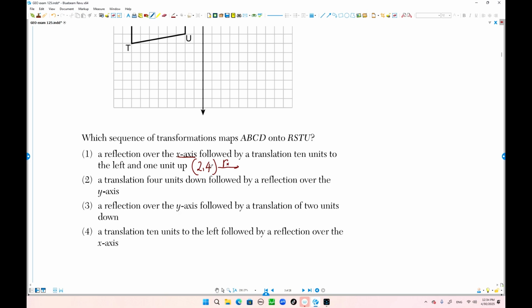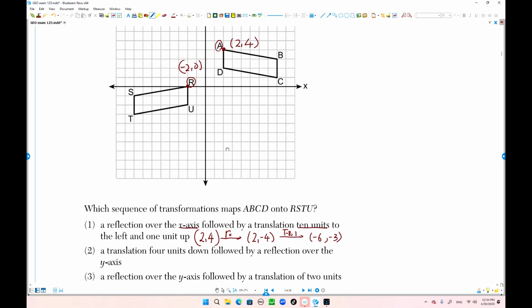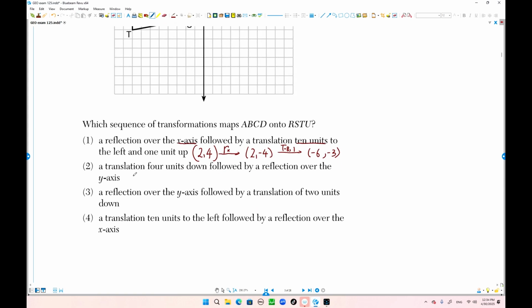Y becomes negative, so 2 and negative 4, isn't it? After that, translate 8 units to the left, minus 8, and 1 up. So 2 minus 8 is negative 6, and negative 4 plus 1 is negative 3. That does not equal negative 2 and 0, right? So that is wrong.